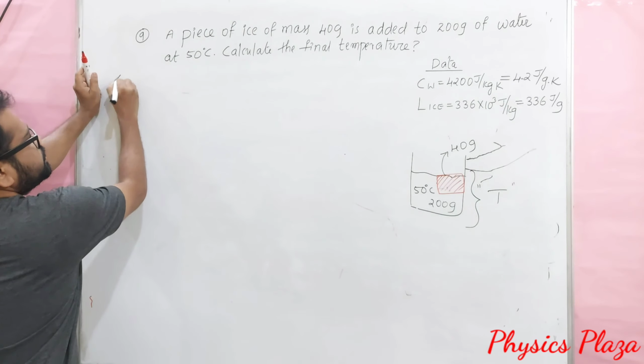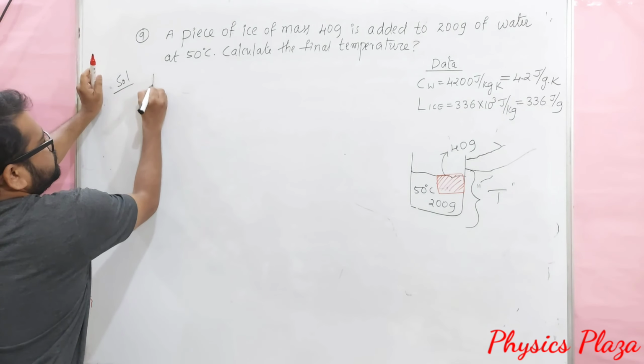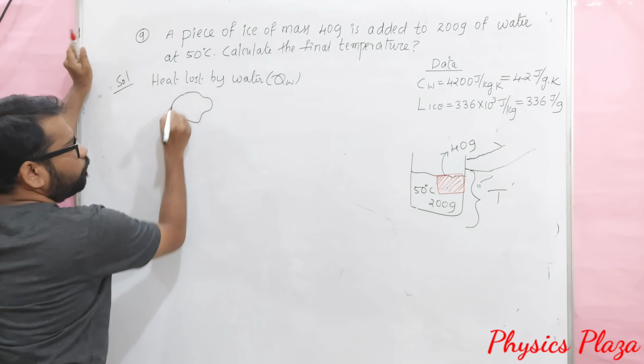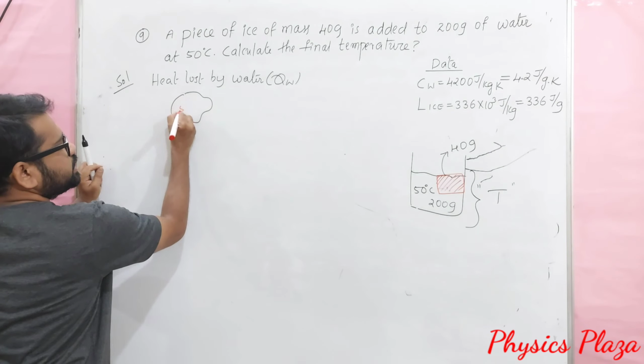First, let us calculate the heat lost by the water. So, here is the solution. Heat lost by water, let us say it is QW. Children, here initially water is at 50 degrees Celsius.